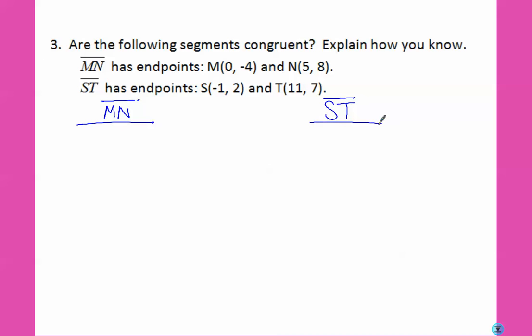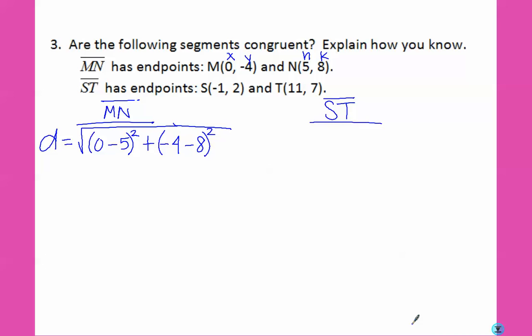So for MN, I'm going to label M as my X and my Y. I'm going to label N as my H and K. So our distance equals the square root of (X minus H) squared, and I'm filling in the numbers as I go, plus (Y minus K) squared.